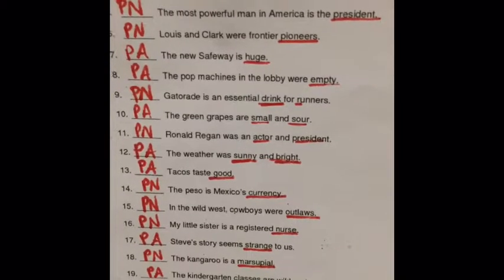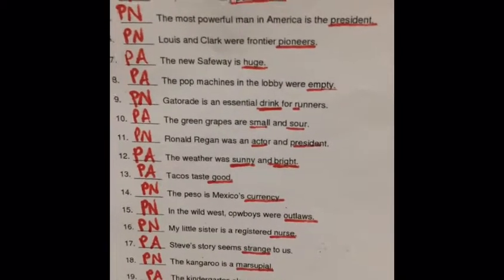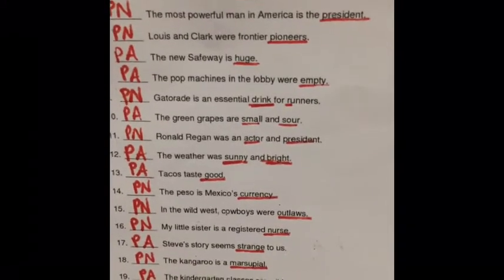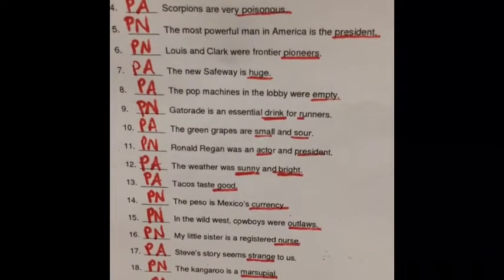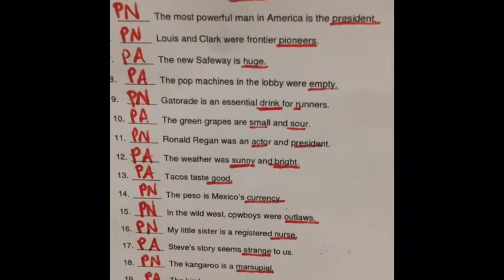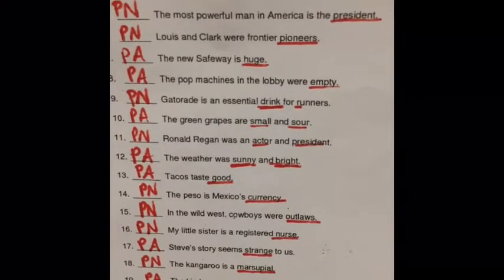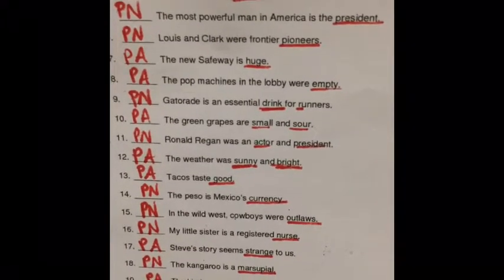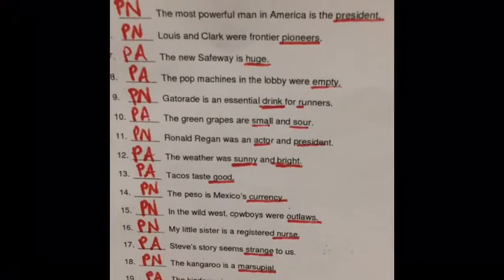Currency is the predicate nominative. Mexico's is going to be your adjective describing whose currency, right? But it's not a predicate adjective because it's not describing peso. It's describing currency.